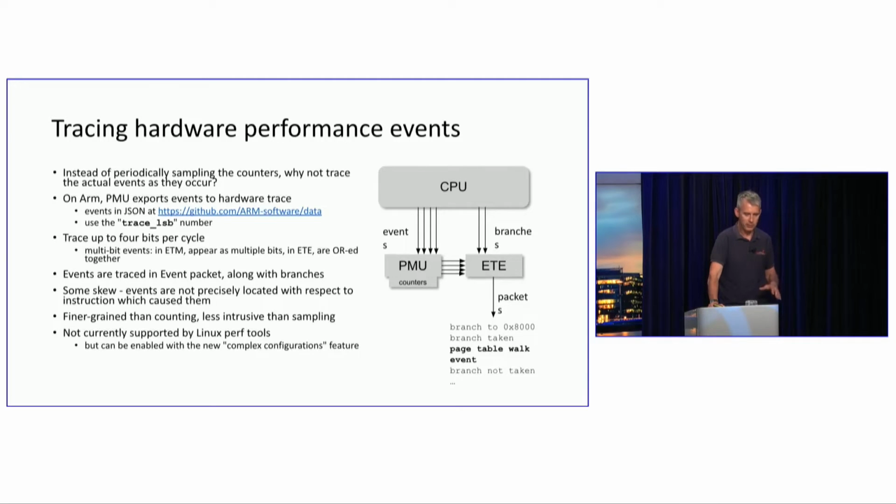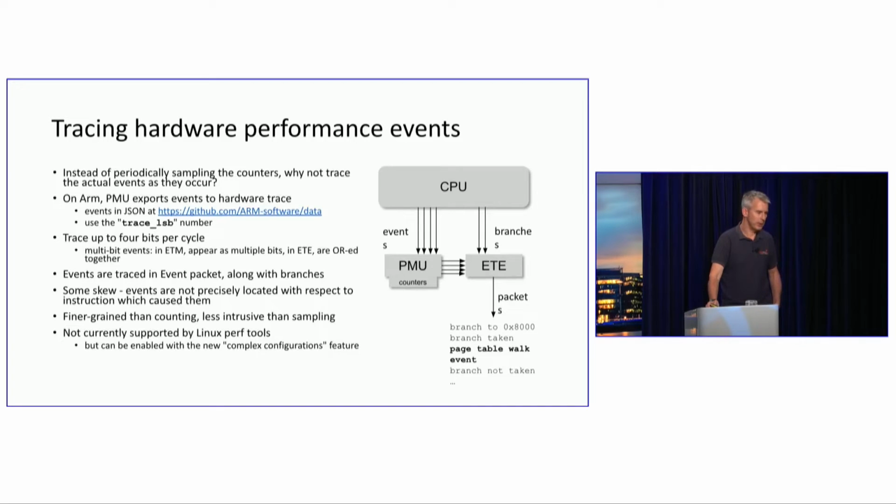So if you're doing something like perf record with event-driven sampling, you might get a PMU sample perhaps every 100 microseconds or something. With feeding the PMU into trace, you get it much more closely aligned with where the effect is happening. And so you may be able to match it up with the code that you're seeing in the trace.